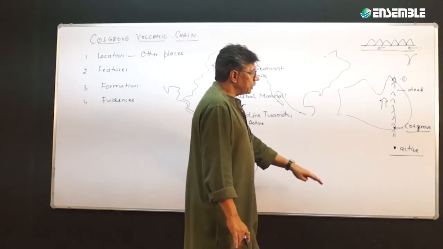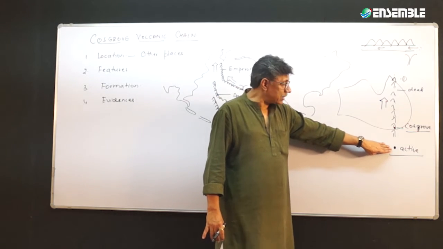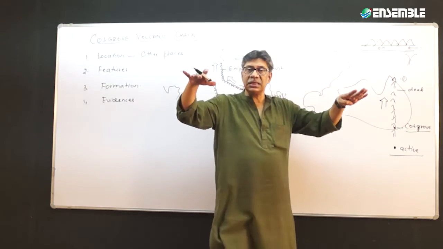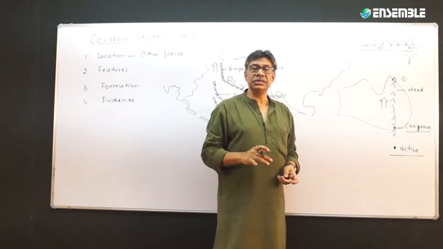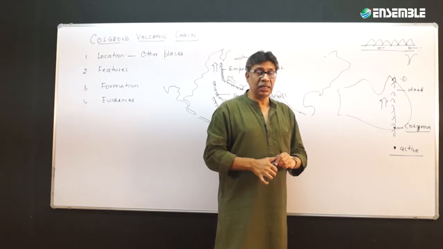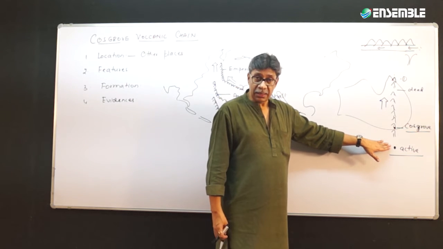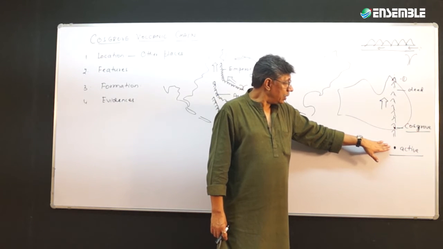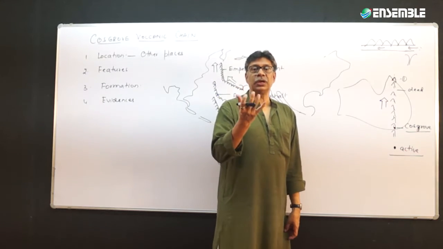The second feature is associated with Tasmania: the whole region along this zone is getting elevated. Because this region is getting elevated, that's the place where it is likely to burst up.